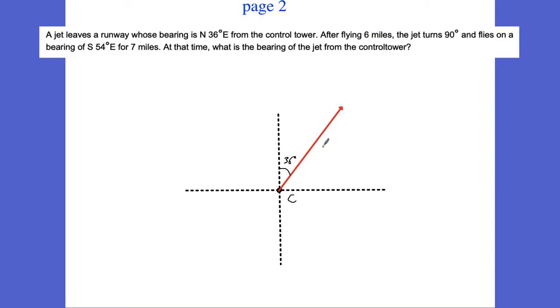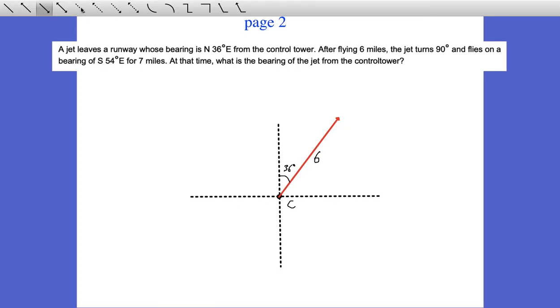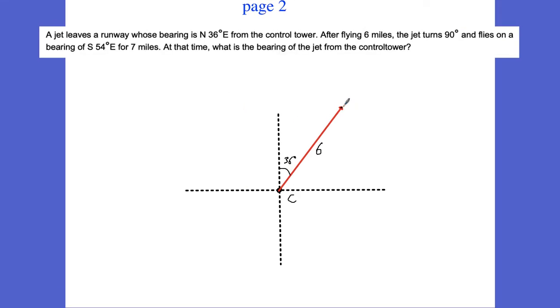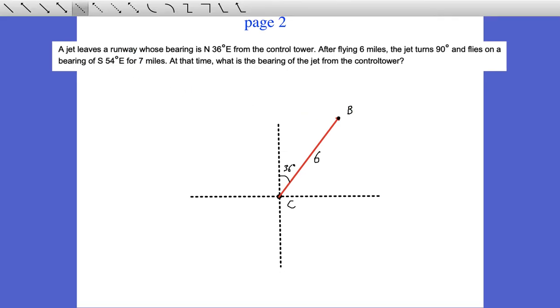After flying 6 miles, so this is 6 miles, the jet turns 90 degrees and flies on a bearing of south 54 degrees east. Okay, so it's really important that when we do something like this, it's not the bearing from here, but it's the bearing from the point that he turns. We'll call this point B. So we make a new cardinal direction cross.